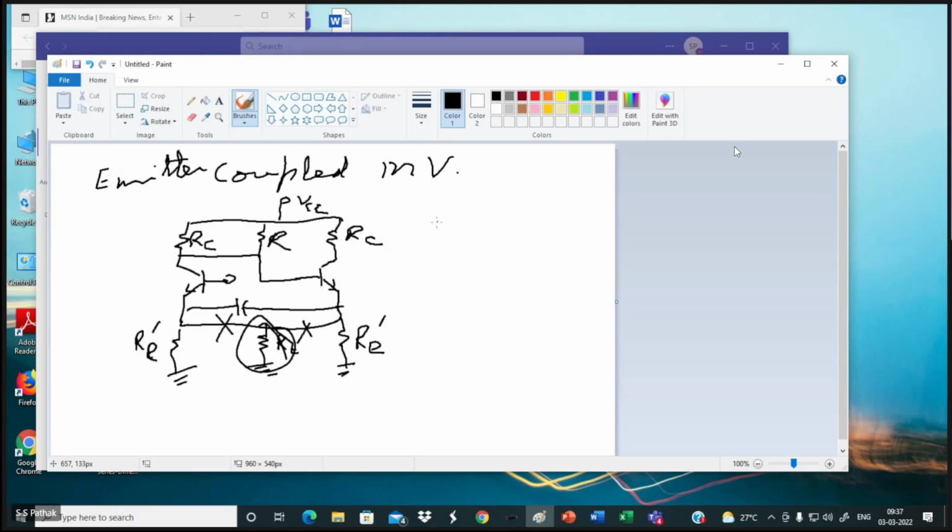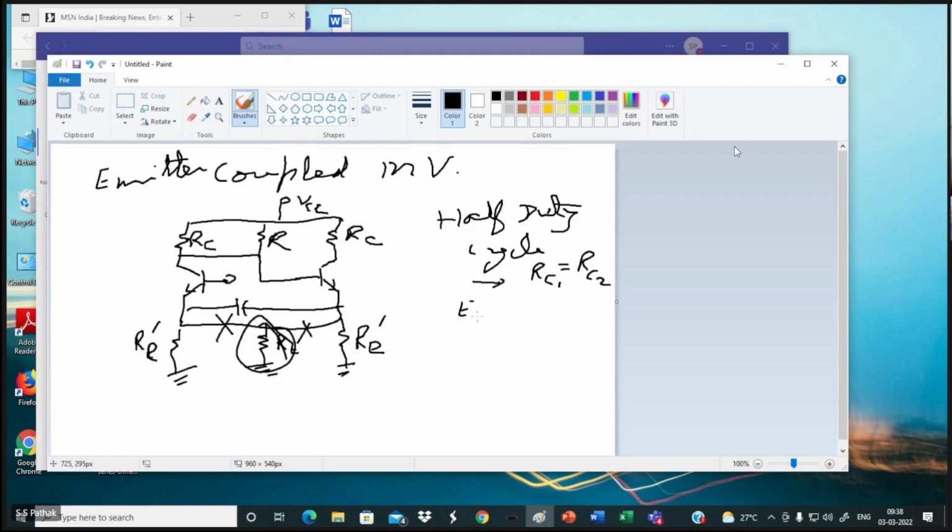If you want half duty cycle, then RC1 equal to RC2.